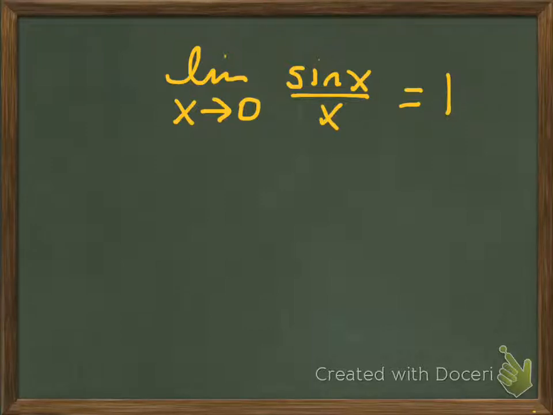On your paper, over somewhere to the side, sketch the sine graph right quick. Not anywhere near accurately, just a quick little sketch centered on the y-axis. That's why I said sketch.